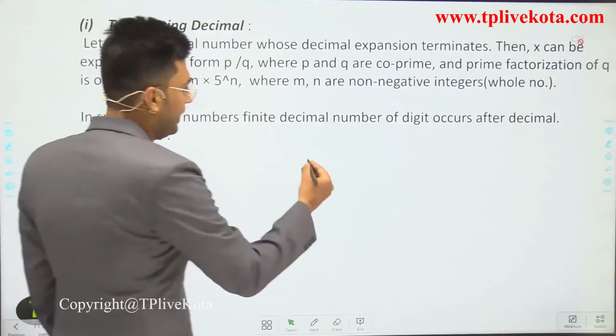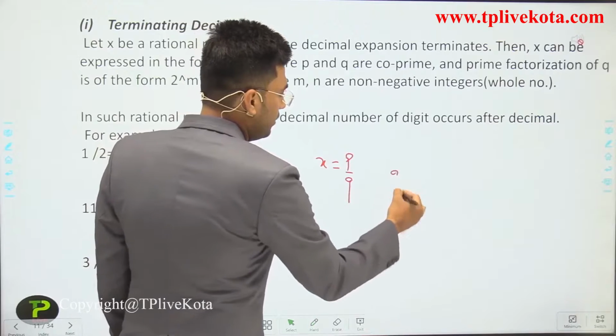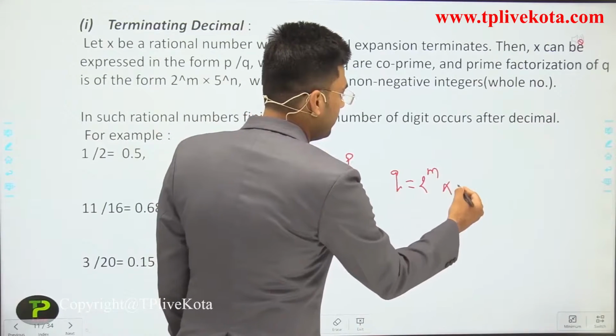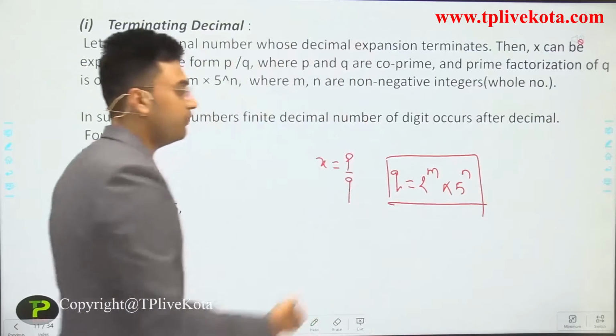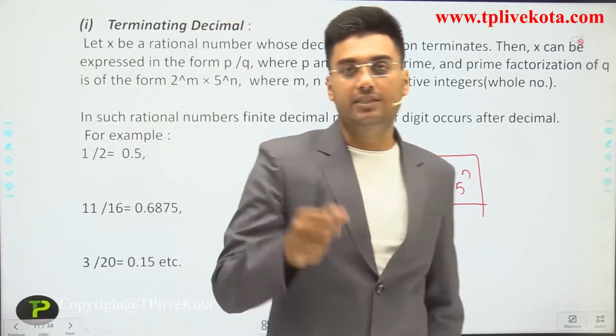If we write x is equal to p by q, and q is in the form of 2 power m multiplied by 5 power n, then these types of rational numbers terminate after some digits.